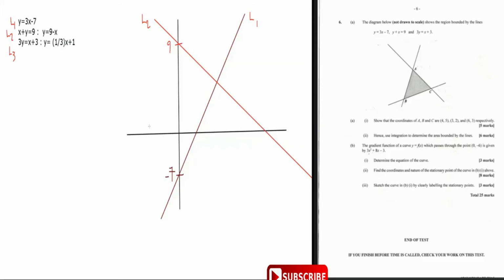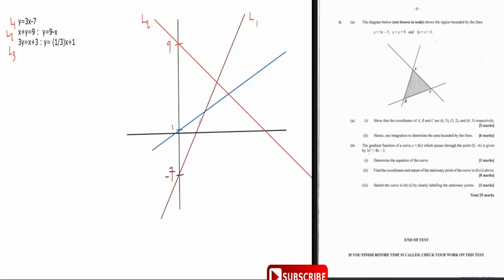All right, so this can represent L3, and this is the y-axis intercept +1.